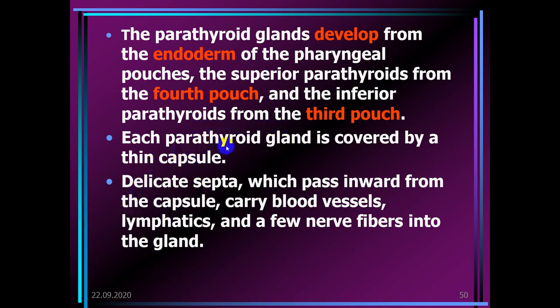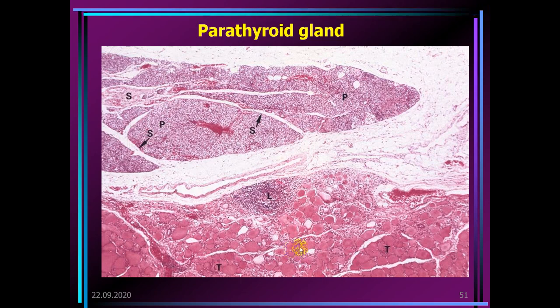Each parathyroid gland is covered by a thin capsule. It consists of sheets of epithelial cells and delicate septa which pass inward from the capsule, carrying blood vessels, lymphatics, and a few nerve fibers into the gland. Now you can see the light microscopic picture after hematoxylin-eosin staining.